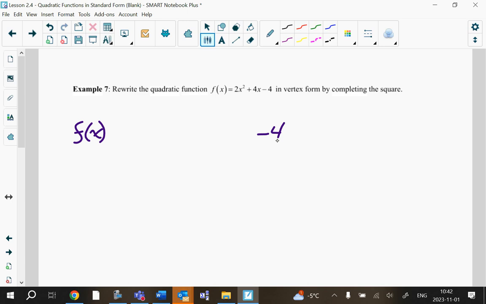So I take a 2 out of both of these. 2x squared divided by 2 is x squared. You never said that. You said x. 4x divided by 2.